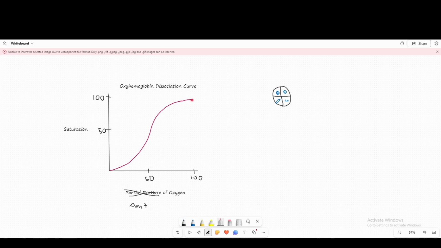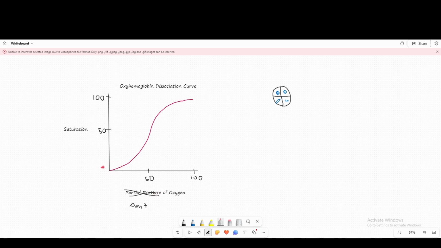So, okay, what is this curve telling us now that you know what these axes mean? This curve is the point at which oxygen releases from hemoglobin, right? Hemoglobin holds on really, really tight until the right conditions are met, at which point it releases down here, right?